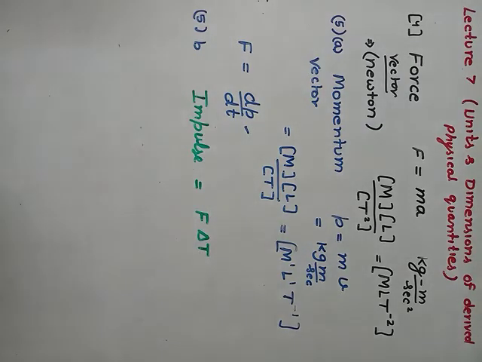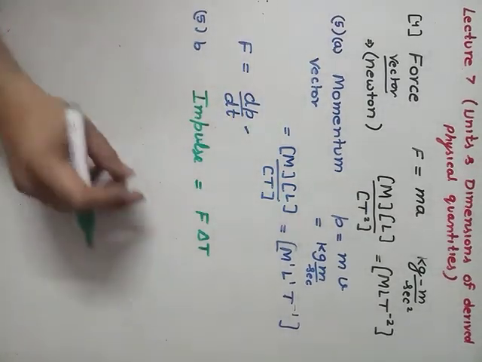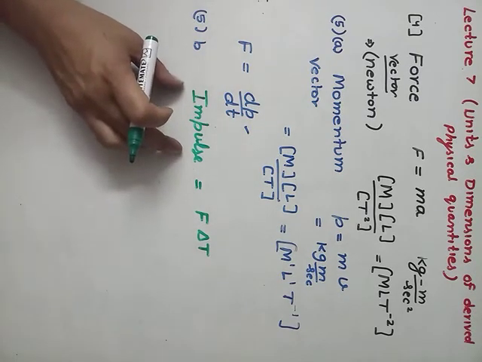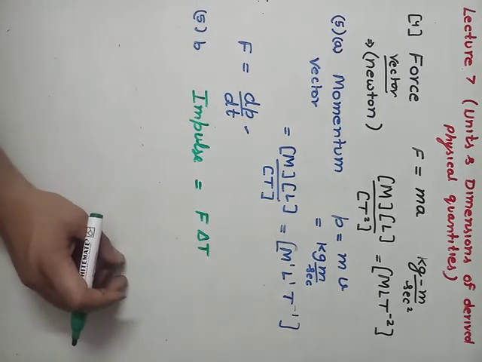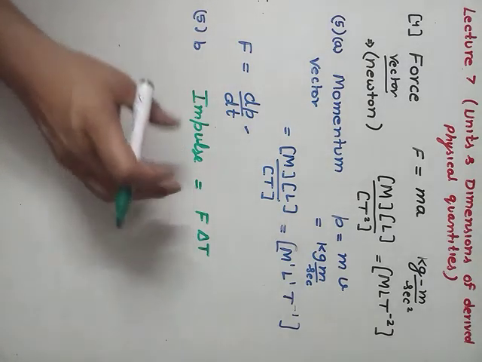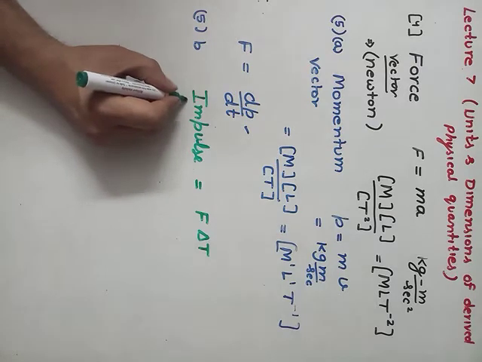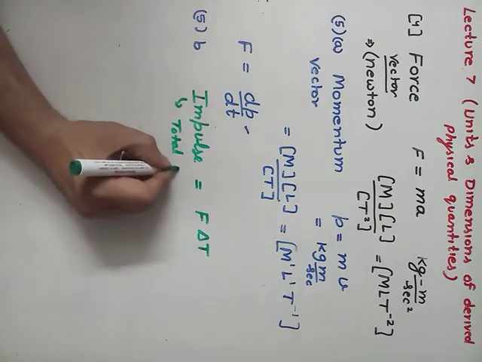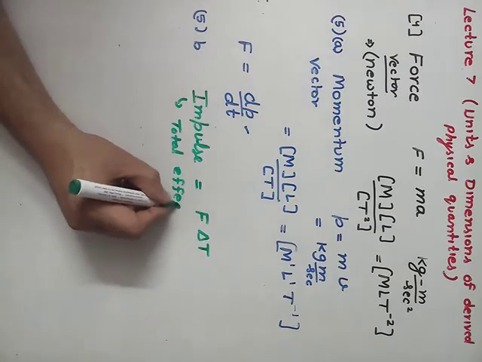If we have to insert a nail in the wall, the hammer hits the nail for a very small duration of time and the force must be large; that is called impulse. When a ball is hit by a bat, the contact time is very small and the force is large. Basically, impulse measures the total effect of force.